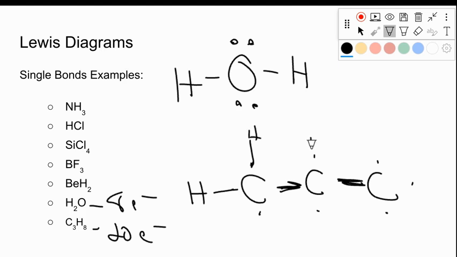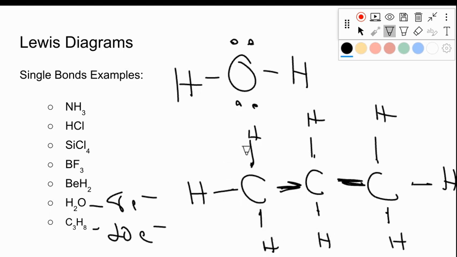And it's going to fill in all those lonely electrons all the way around the C3. So now I've used 2, 4, 6, 8, 10, 12, 14, 16, 18, 20 electrons, which is how many I had. I have 2, 4, 6, 8 around carbon, 2, 4, 6, 8 around carbon, 2, 4, 6, 8 around carbon, and each hydrogen only has that 1 because they're 1 and done.